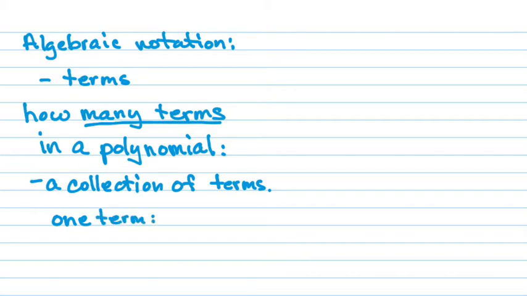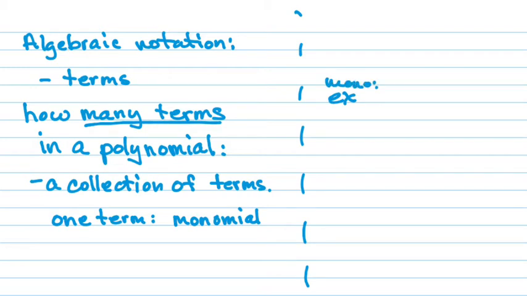Right? So, if you have a collection of just one term, the name for something with one term is called a monomial. Mono means one. Right? So I'm just going to do little examples here. An example for a monomial, say you have negative 4xy to the third.